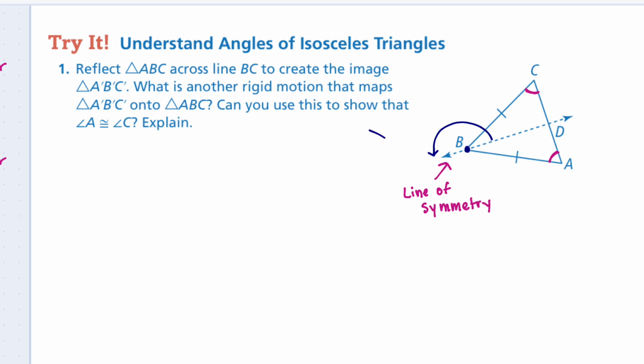That would leave this triangle inverted. And then from here, do a vertical reflection. And once again, angle A would overlap angle C.